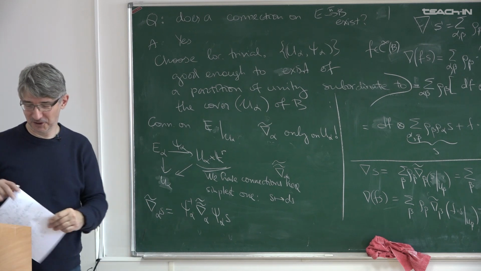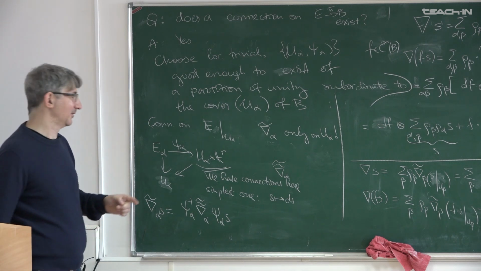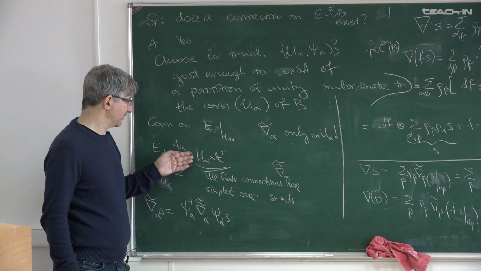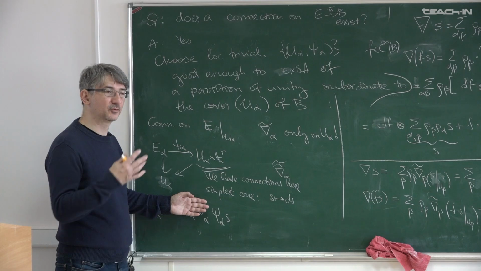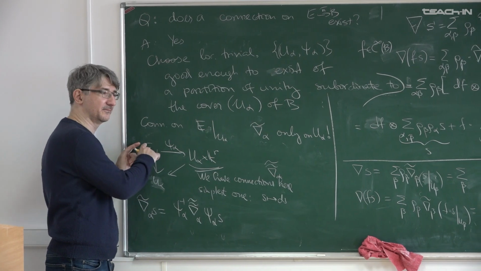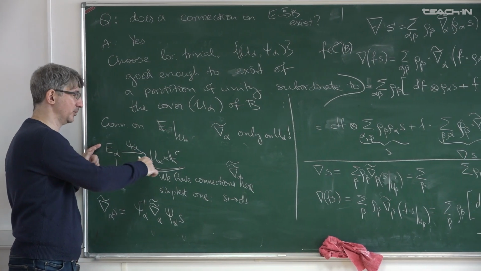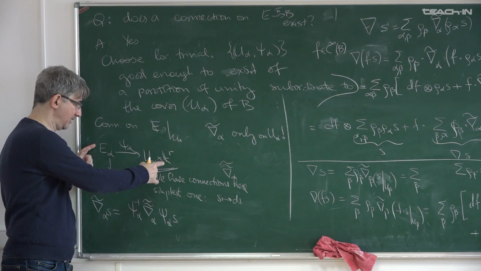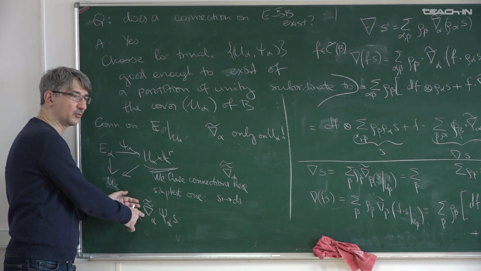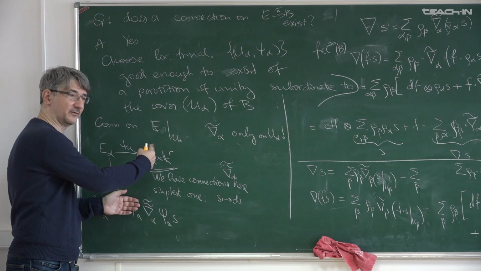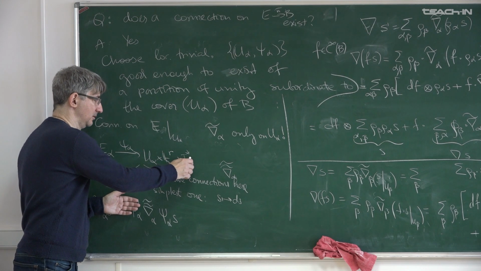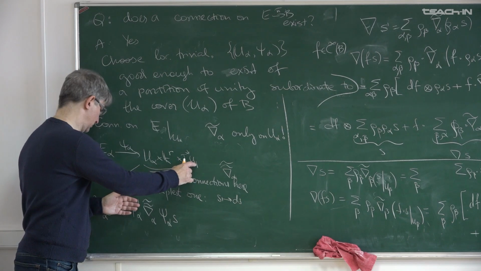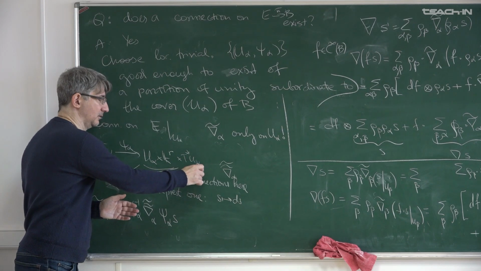I waited until somebody noted it. Let me repeat what he said. So we have a section here. We apply trivialization. We obtain a section of this object. Then we apply this thing. We obtain a section not of this thing, but this one tensored with the cotangent space to the trivializing open set.